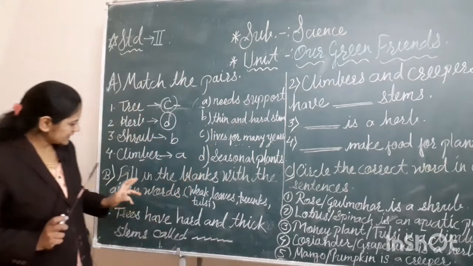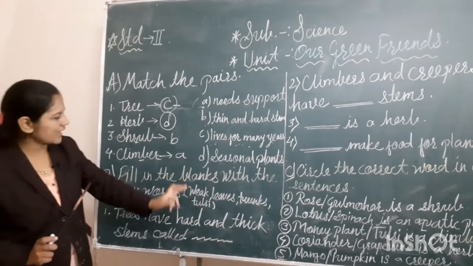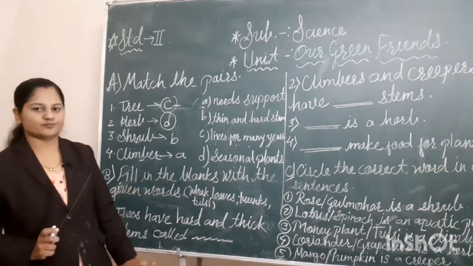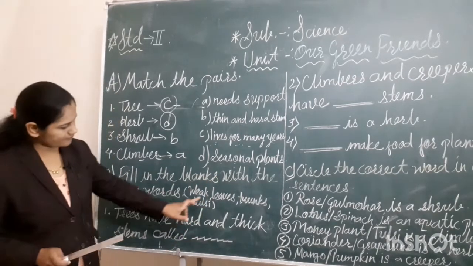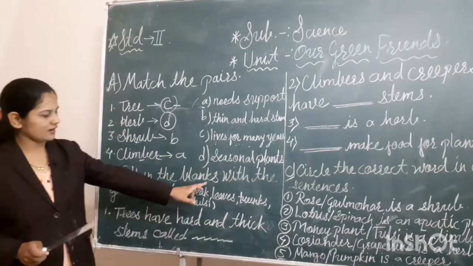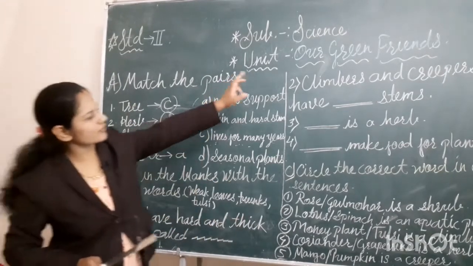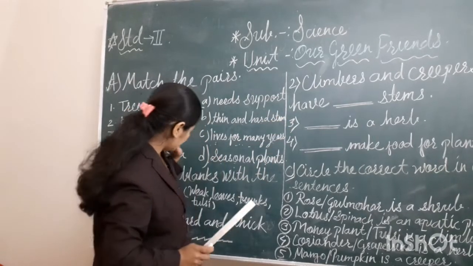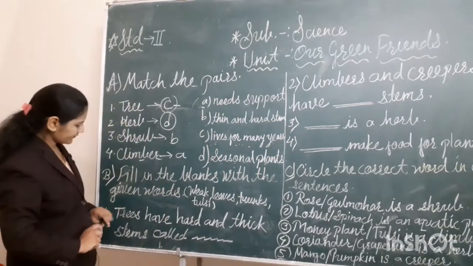Clear with you? Second is B, fill in the blanks with the given words. You have to fill the words in brackets into the given sentences. That will be your answer. From these 5 words you have to fill in the four sentences. Okay.